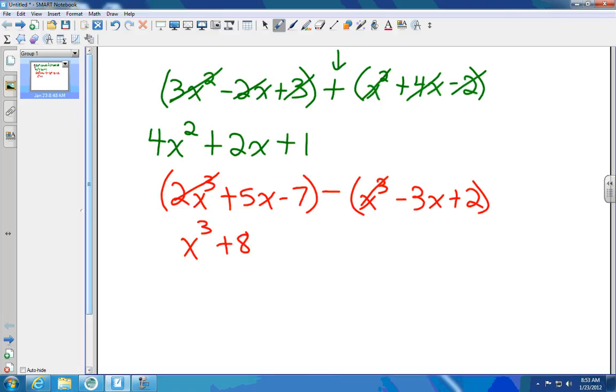Now, that's where the sign problems start, because some of you will do 5x minus 3x and get 2x. You've got to remember the sign in the middle. That's 5 minus -3. And then last, -7 minus 2 will be -9.